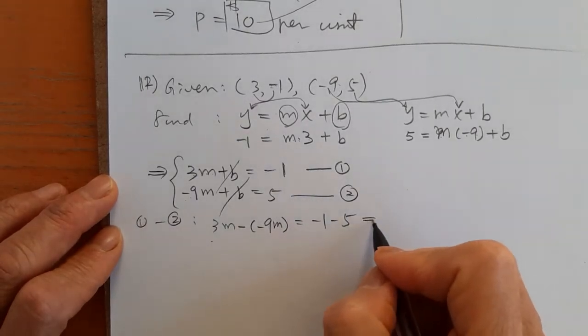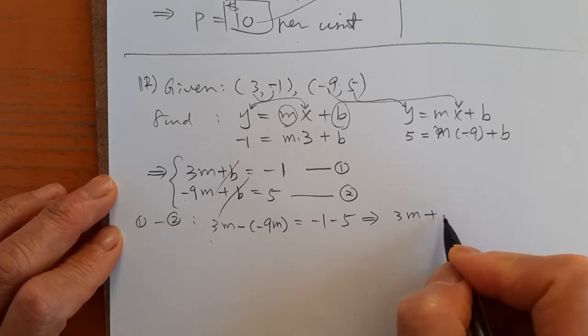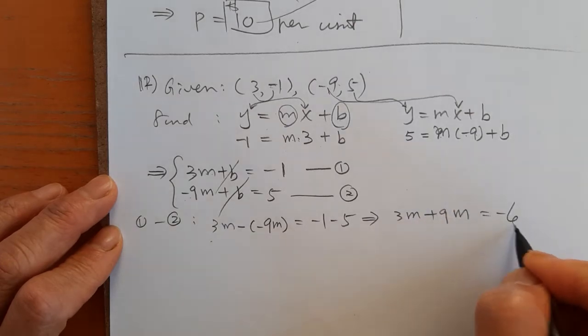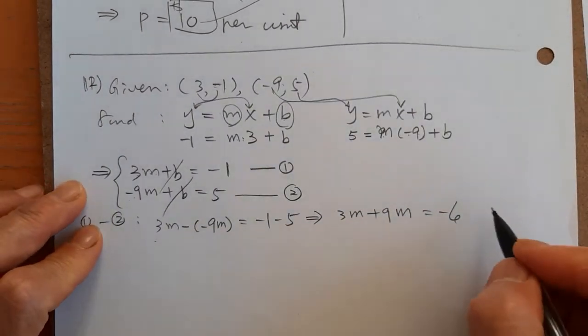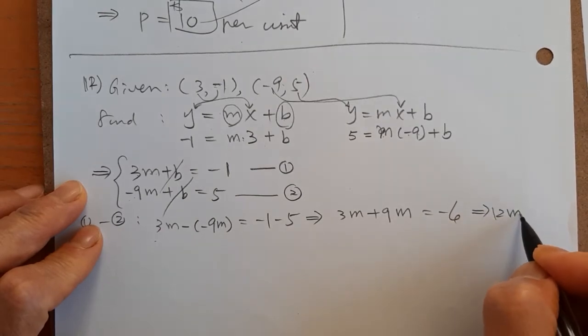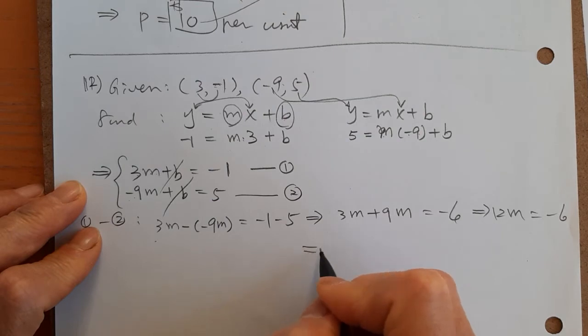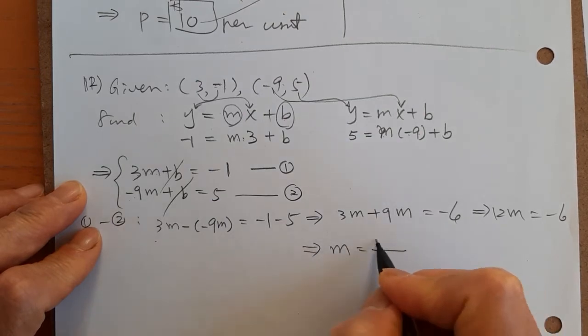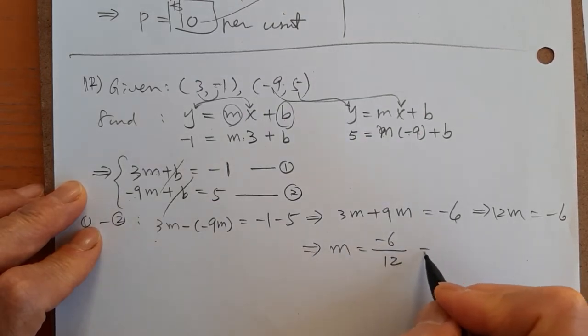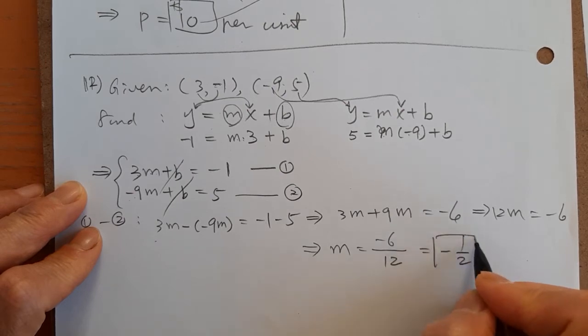Then 3m plus 9m equals -6, and that is 12m equals -6. Then divide by 12: m equals -6 over 12, so m equals -1/2.